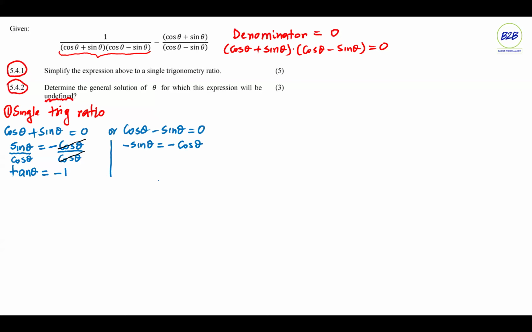Then we divide by cos on the right-hand side and also on the left-hand side. We have minus sine theta over cos theta, which gives us minus tan theta. What is that equal to? It is equal to negative 1, because the cos and the cos cancel one another.